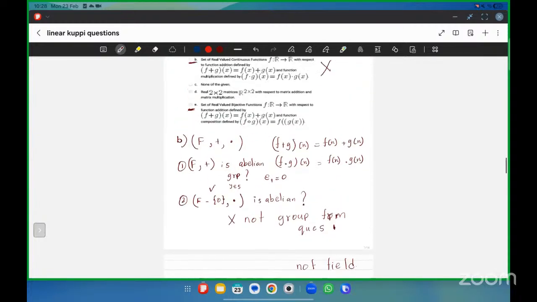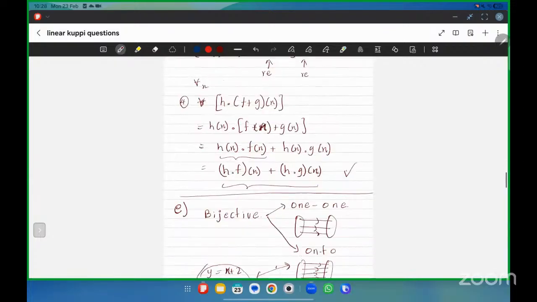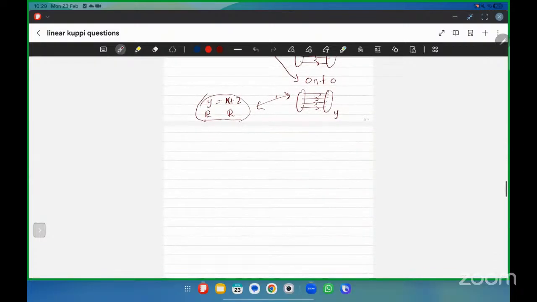Here we have to check the set of real valued bijective functions with respect to function addition and composition. They have two operations.